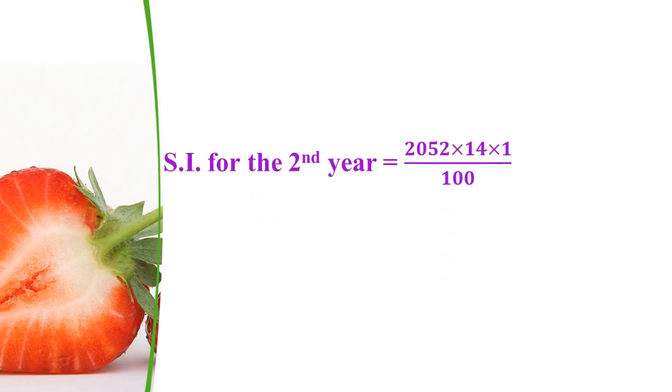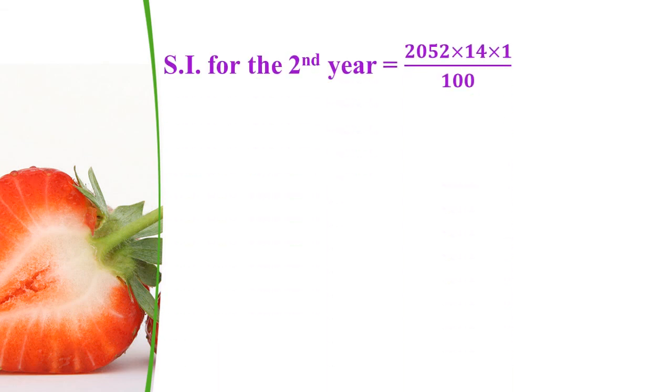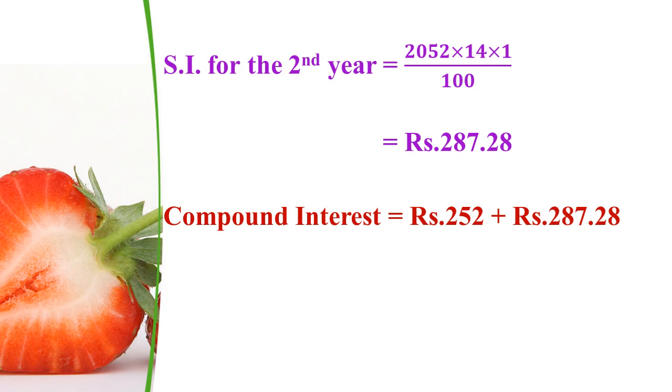Simple interest for the second year is 2,052 into 14 into 1 by 100. Simple interest for the second year is rupees 287.28.